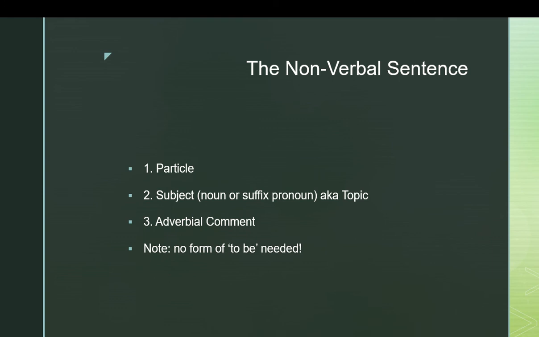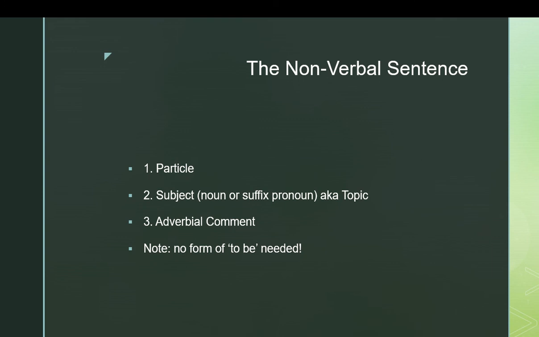And it consists of the particle, which is either you or Mek, the subject, aka the topic, and the adverbial comment, which is whatever you're equating it to. That could be some preposition with some stuff following it. That could be a noun. That could be an adjective. And you don't need a form of to be.